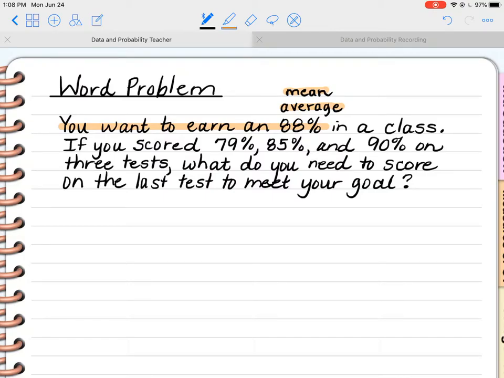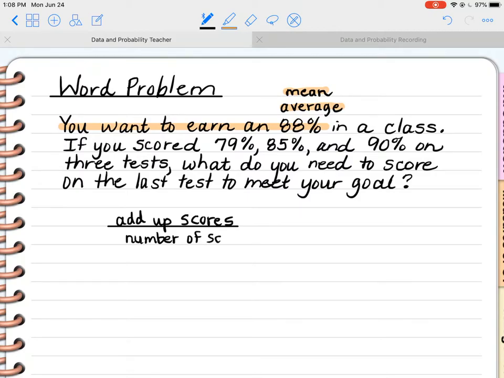So remember, to get a mean, you add up your scores. This is how you do a mean in general. And you remember the second step is to divide by the number of scores.